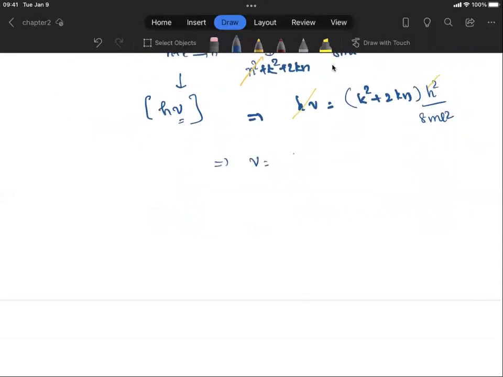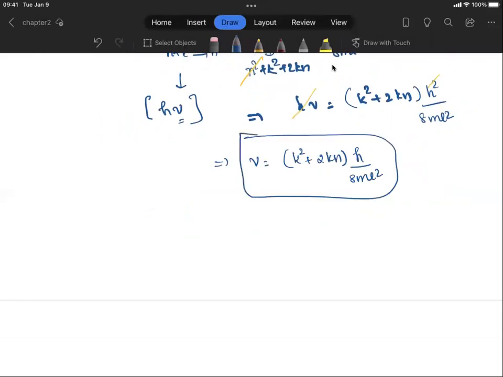So we show that nu equals k squared plus 2kn times h over 8ml squared. And in the question, we need to show nu equals k times h over 8ml squared. We showed exactly that, except that the k given here is equal to this term.